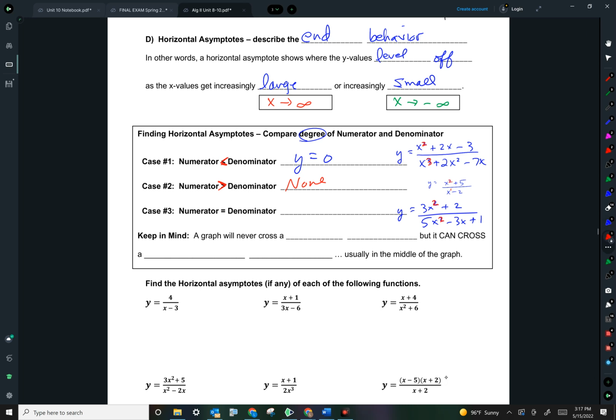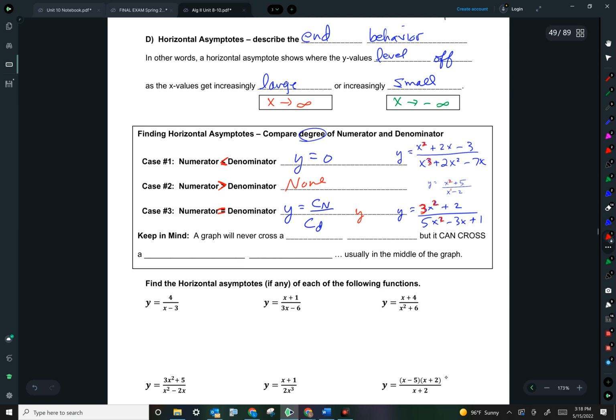When the numerator degree is equal to the denominator degree, in order to find the horizontal asymptote, you take the coefficient from the numerator over the coefficient from the denominator. In the example I have written here, the coefficient in the numerator is 3.